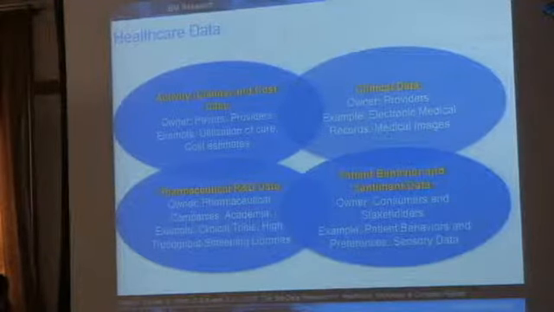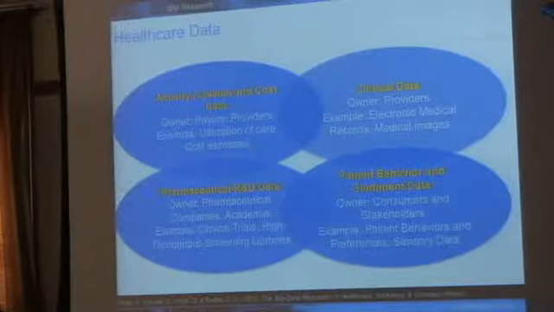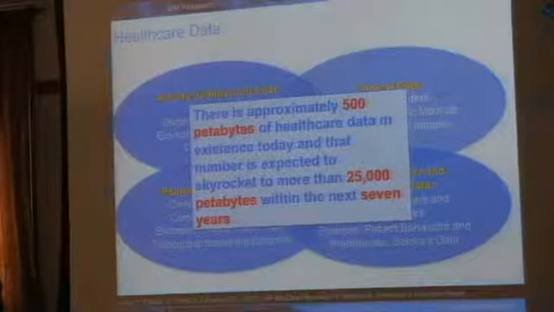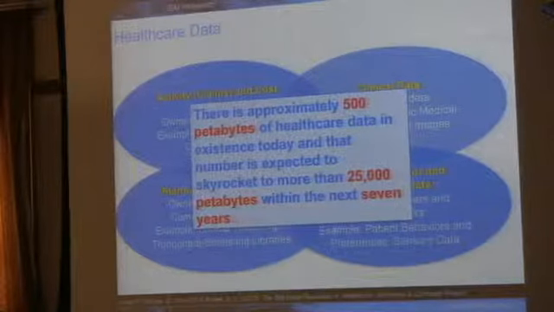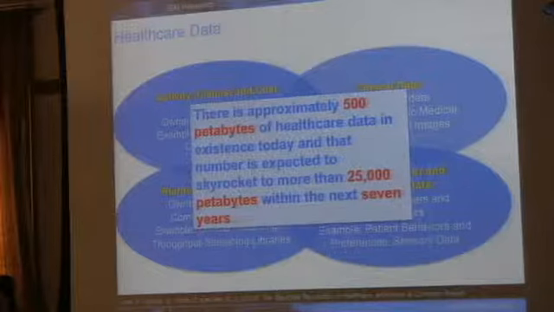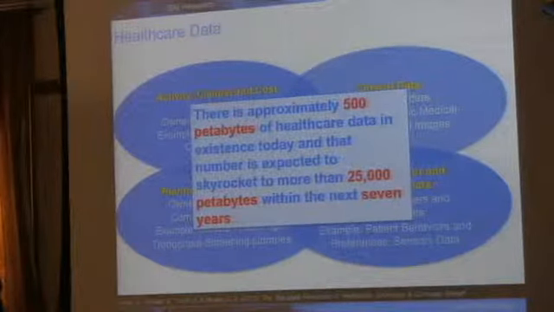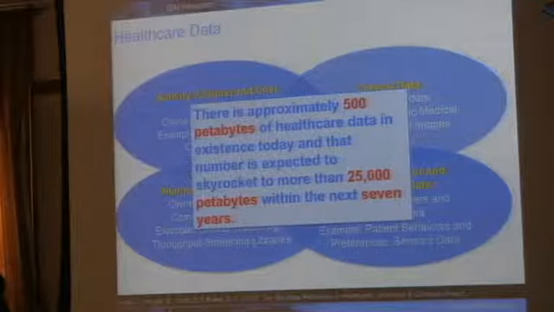And how large are those data? It is estimated that there is approximately 500 petabytes of healthcare data today, and this number is going to reach 25,000 in the next 7 years. So this is really a field with a huge amount of data, and how to effectively use all those data would be a key problem in changing healthcare.